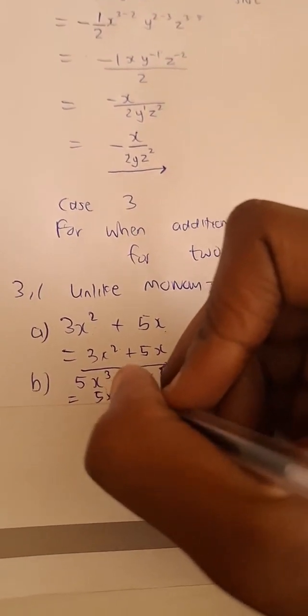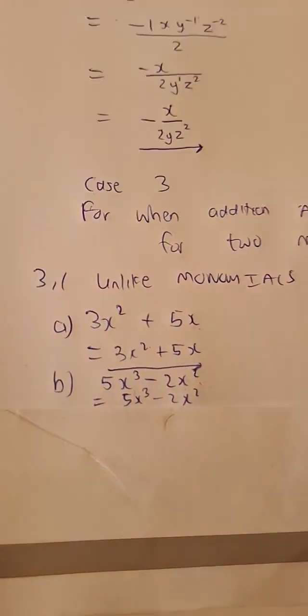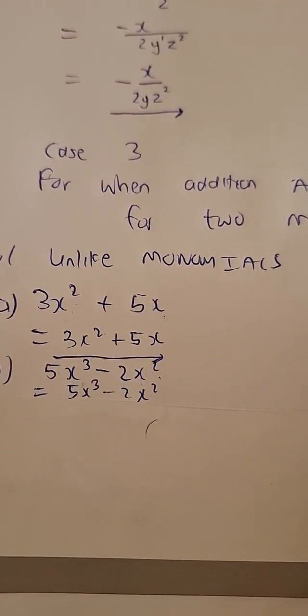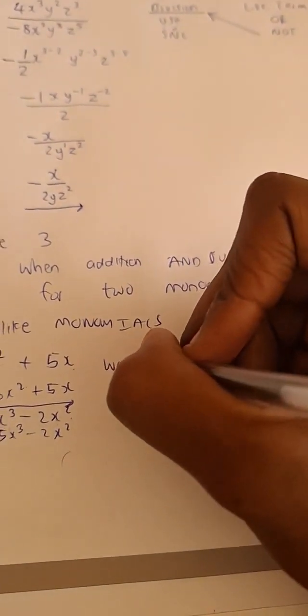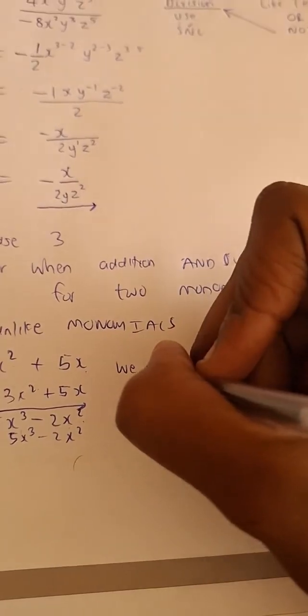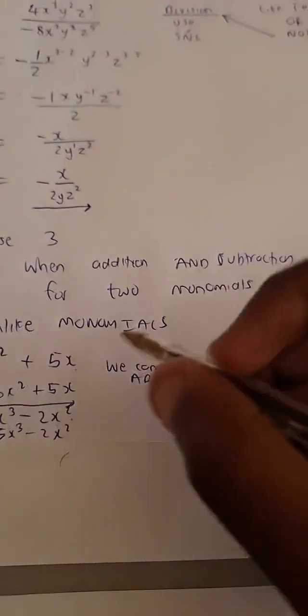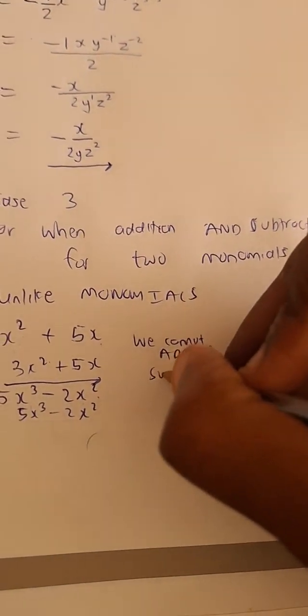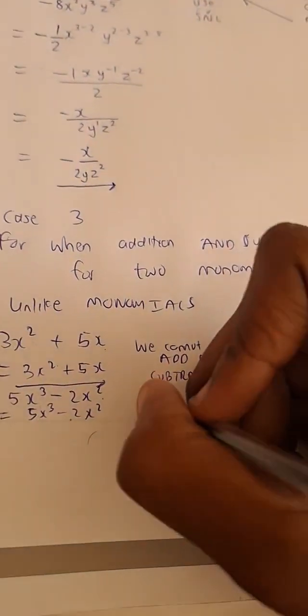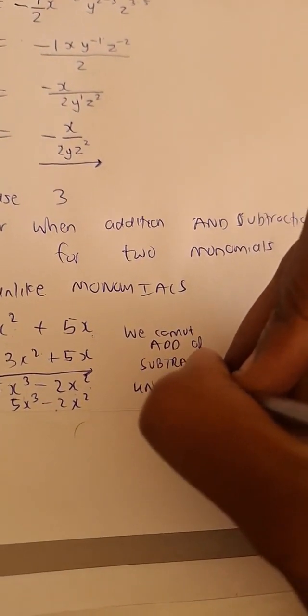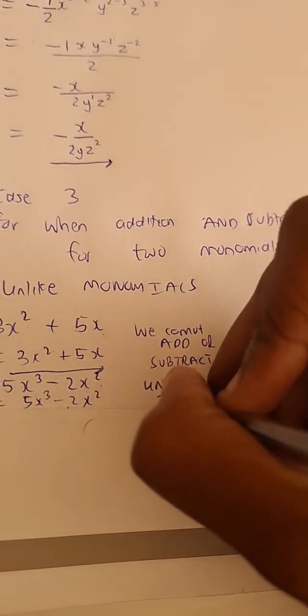So therefore, we know that our answer still remains as 5x cubed minus 2x squared, because we cannot add, and this is the important part, we cannot add, as you can see from the top, or we cannot subtract, as you can see from the bottom, unlike terms.